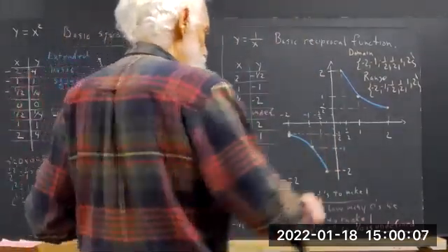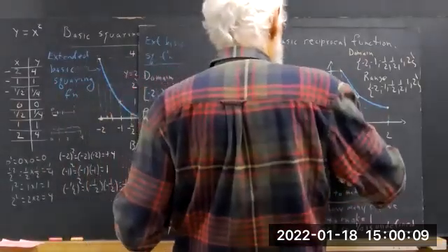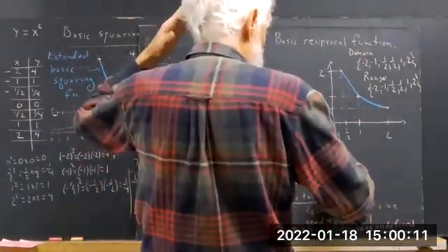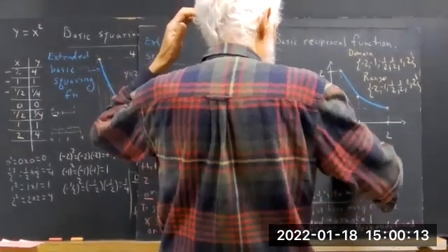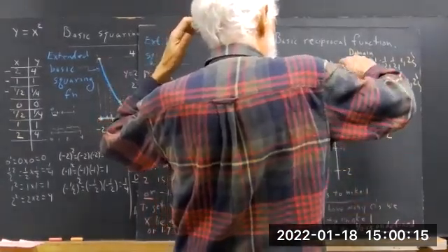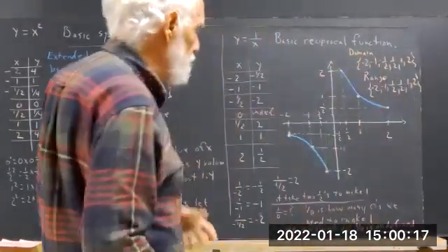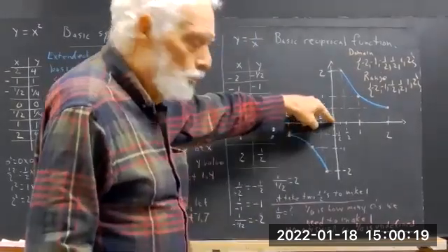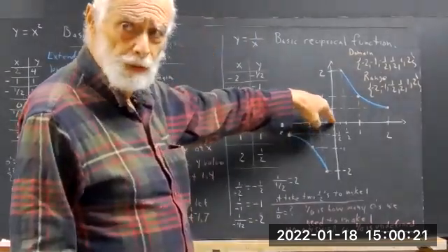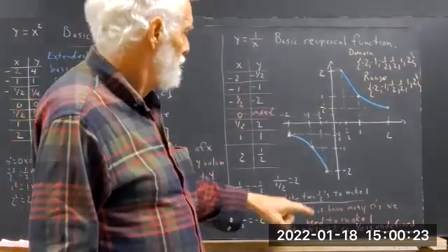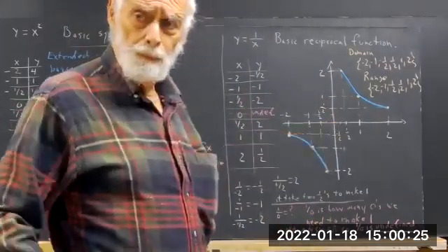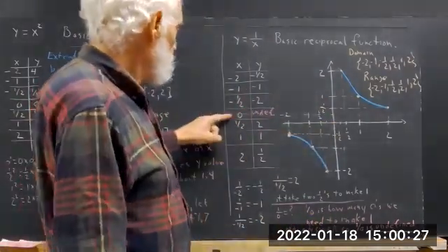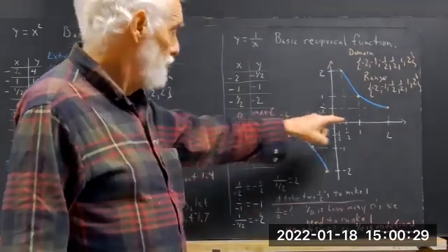So if we were to connect this point to this point, let's just say it's going to come down here, and come around and come up here. Well, right away, you went through the y-axis, which means that you assigned a value for x equals 0. But we know when x equals 0, you can't define the function.